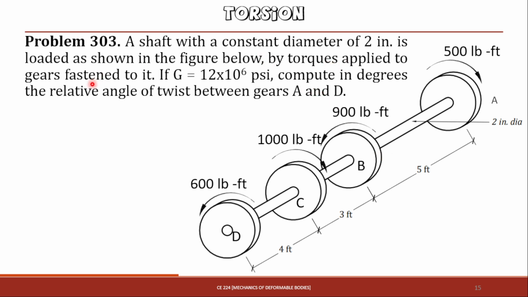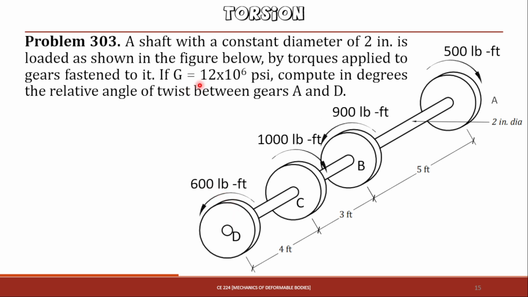So, by torques applied to gears fastened to it, so meron tayong mga gears attached to point A, point B, point C to point D. So, may mga gears tayo dyan, tapos meron applied moment or torque sa gear A na 500 pound-foot, sa gear B, 900 pound-foot, that is counterclockwise, sa gear C na clockwise rotation na 1,000 pound-foot. Tapos sa gear D naman, meron tayong torque na 600 pound-foot.